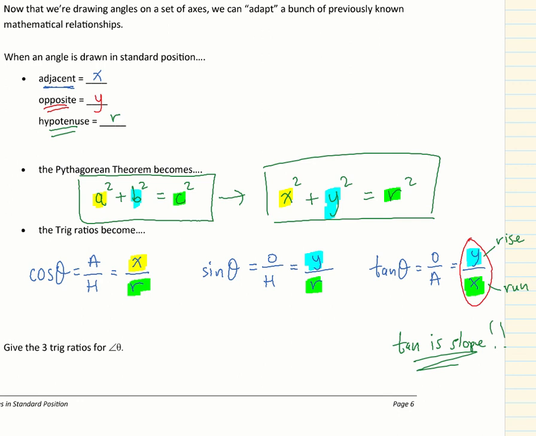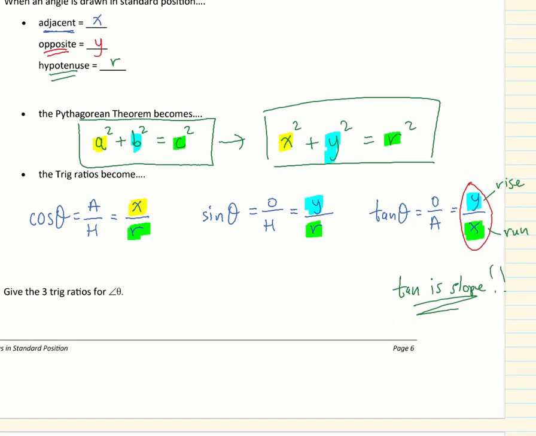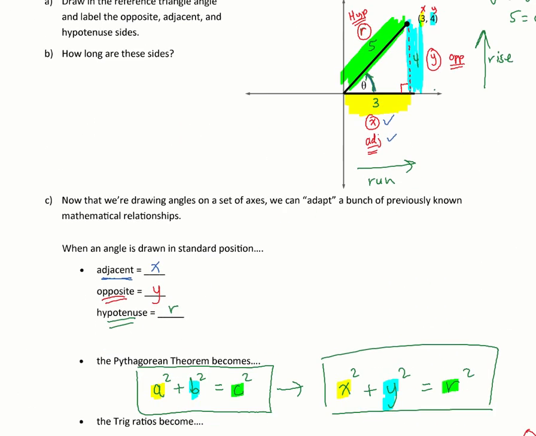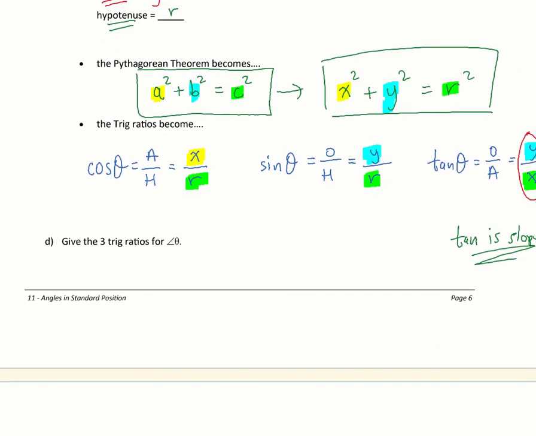Okay, so let's give the three trig ratios for this particular triangle. According to what we've got here, cosine of our angle is the adjacent side, which is 3, over the hypotenuse, or the radius, which is 5.